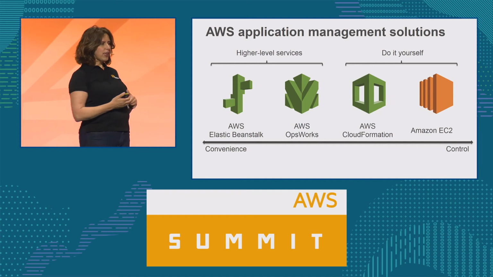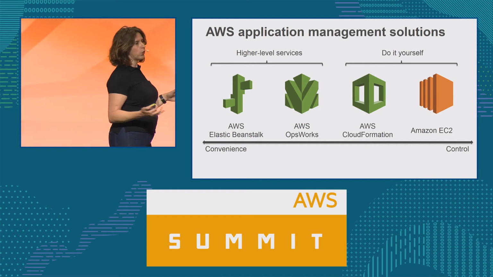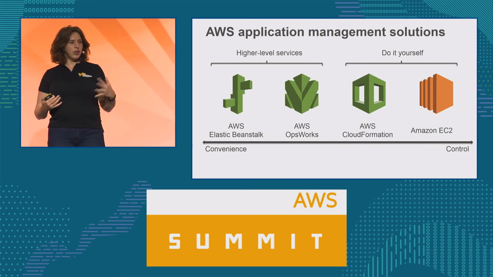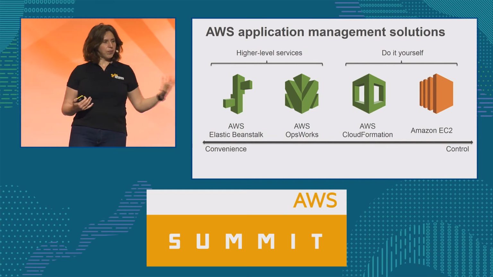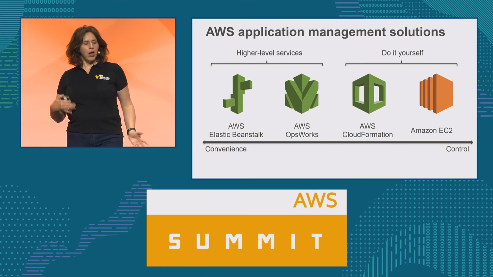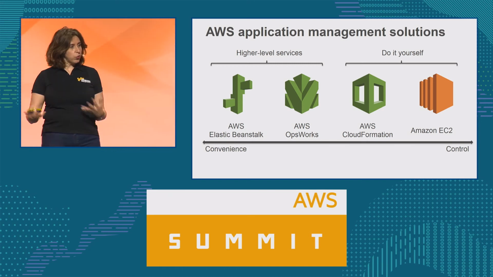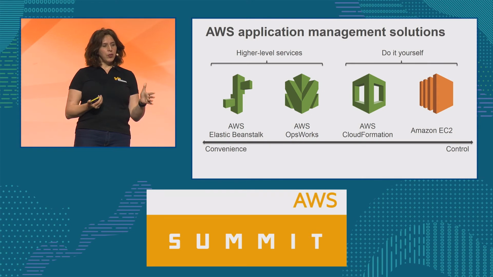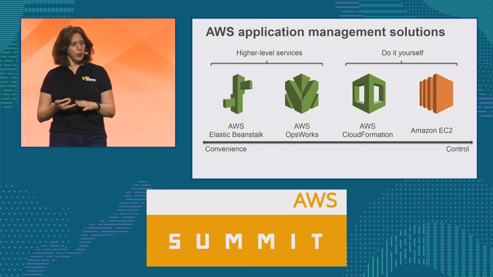So AWS has a big range of automation tools that you can use. Some are high-level services that do a lot of management for you, very convenient, easy to use. Others require some work and some scripting and you to build out some content for yourself. So on this slide here, we've picked off a few.